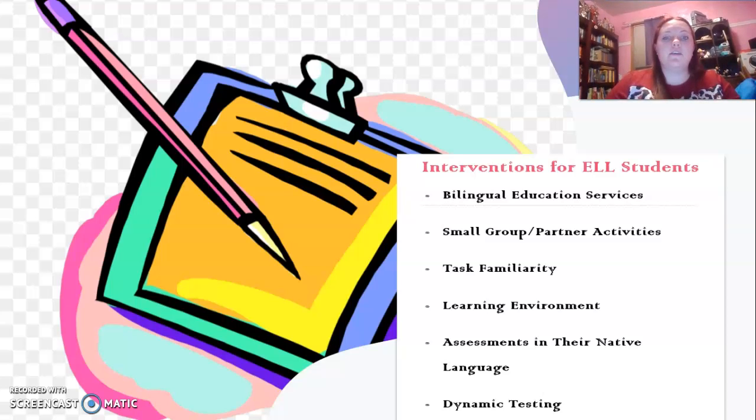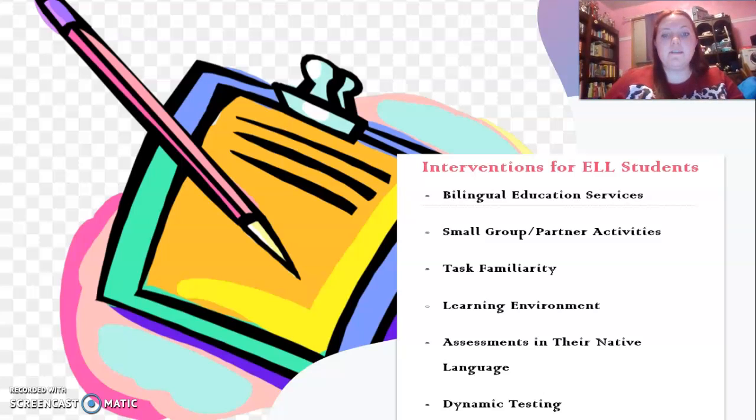Another intervention that could be used is utilizing small group or partner activities to help promote modeling in language. So if you put a student who is an ELL into a group of students that are fluent English language speakers, they are able to hear those tones and mannerisms in the dialect that is being spoken by the peers.